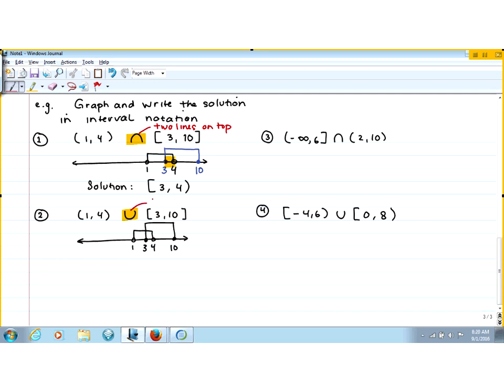Now, what about union? When I teach my math 125, I always say this is at least 1 line. So which intervals have at least 1 line? Between 1 and 3? How about 3 and 4? Well, it's okay because 2 lines means at least 1. Right?